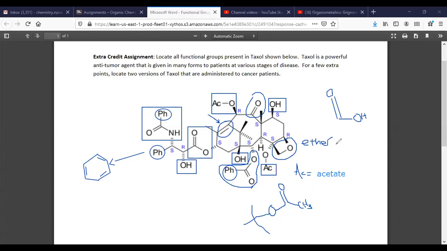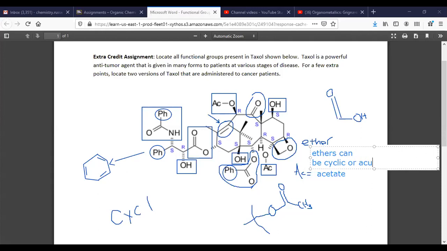So it's a type of ether. Ethers can be cyclic or acyclic. When you hear that term, cyclic, all that means is that it's in a ring. So cyclic or acyclic, right?